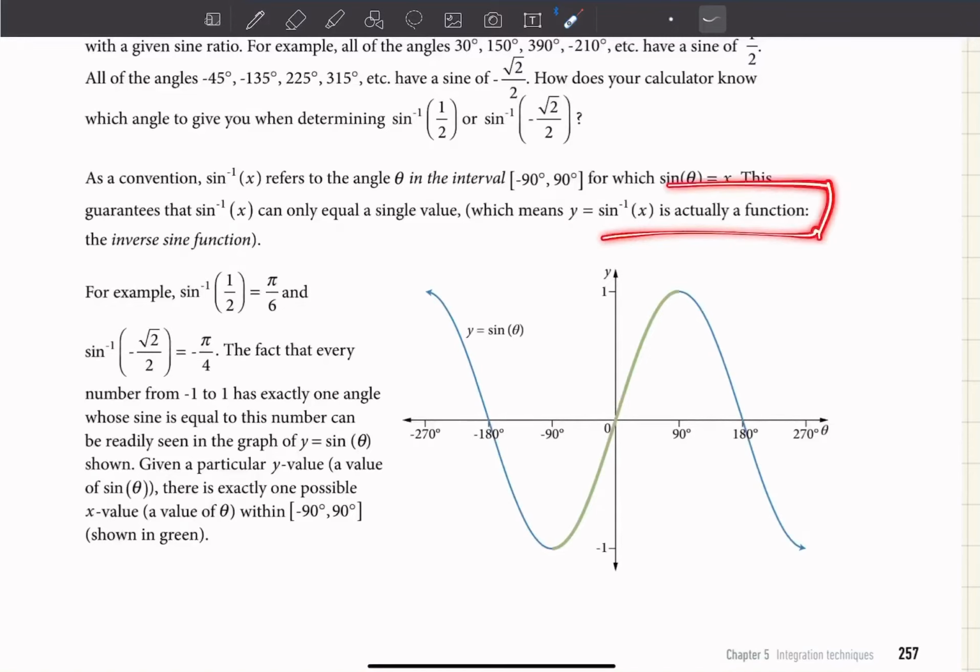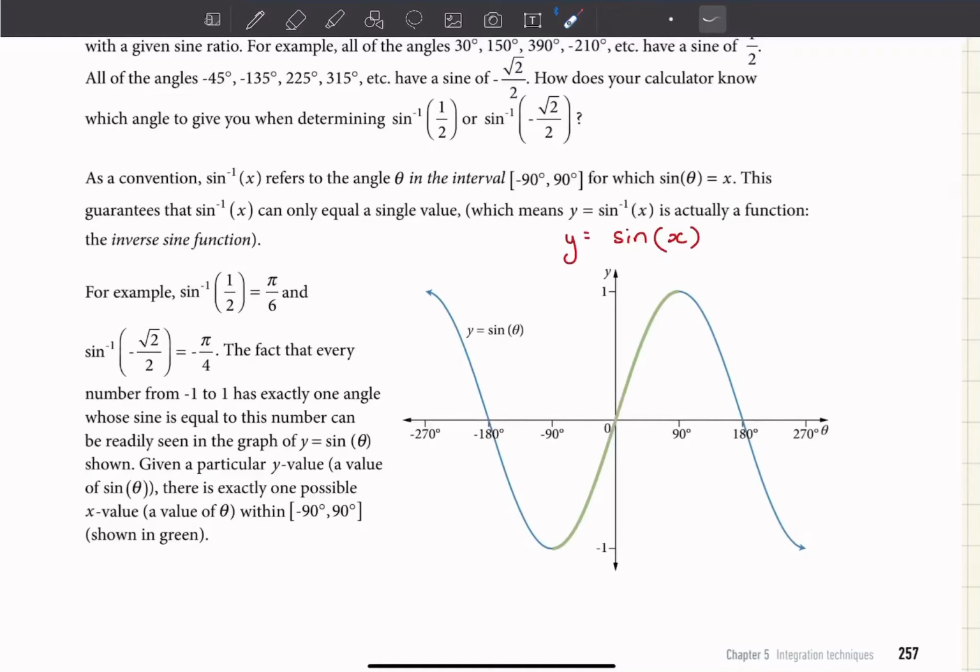Okay, now we have to think about this. If I just wrote y equals sine of x, and this is what we've seen a lot of as well, why is that not a function? Well, the definition of a function is that for any value of x there would only be one outcome for y, and we know that's not true for the sine function.